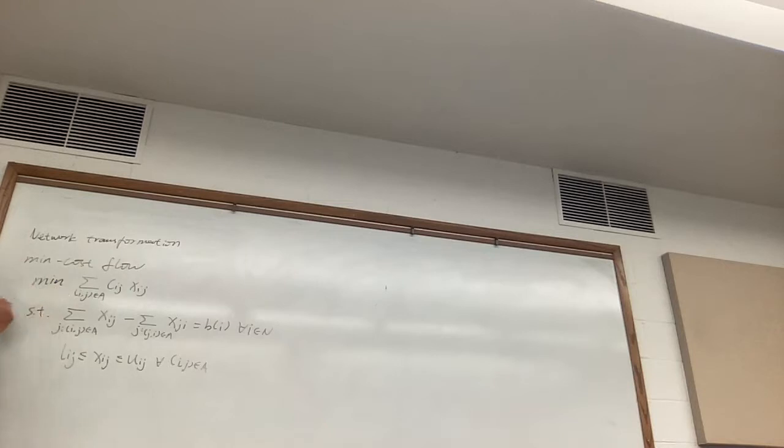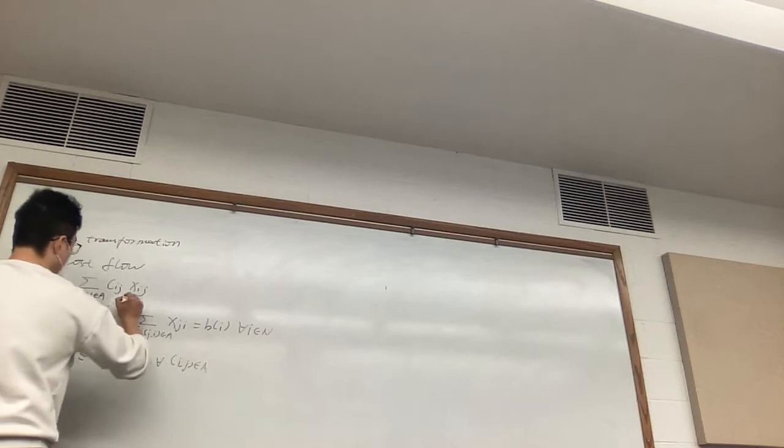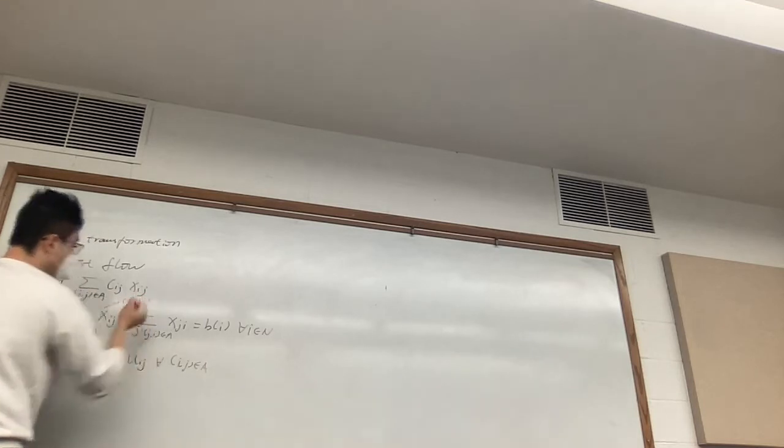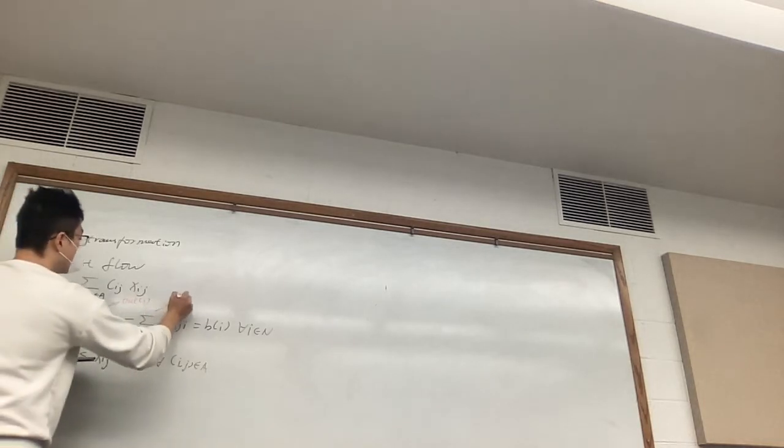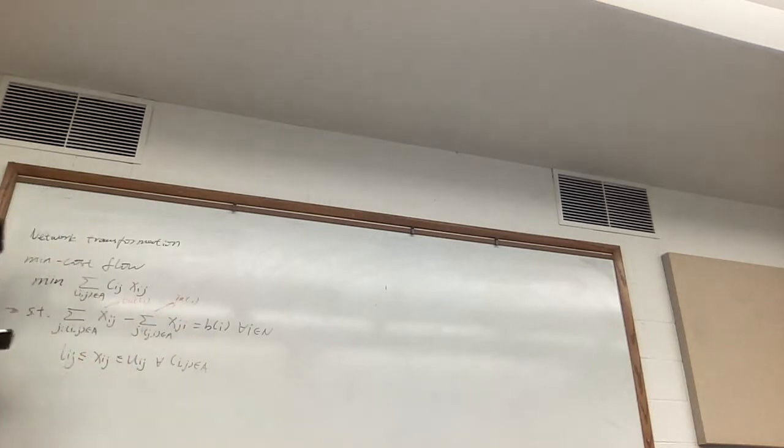And for this condition, how do we interpret this? First we take the summation of Xij such that ij is in A, and we subtract Xji such that ji is in A. This means the outflow of i, and this means the inflow of i.